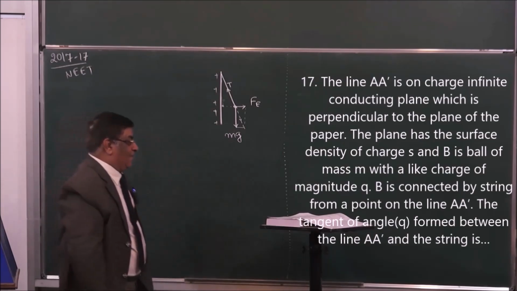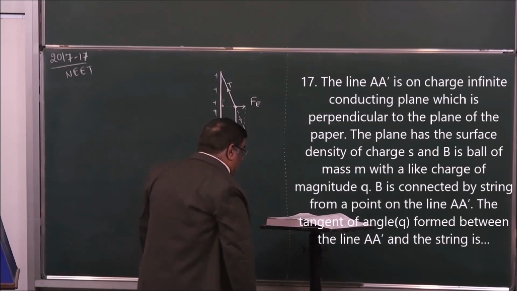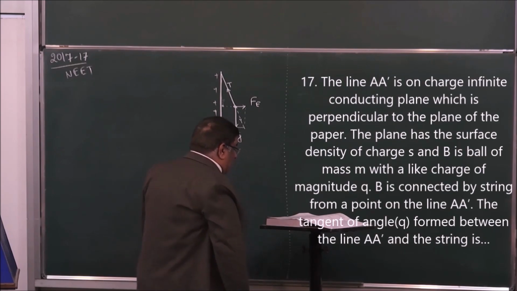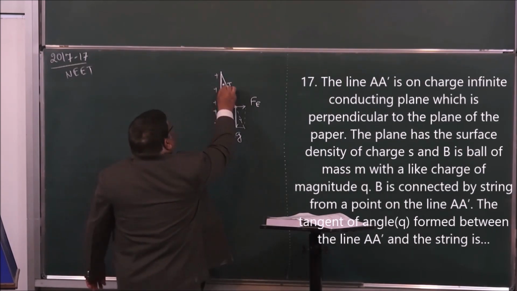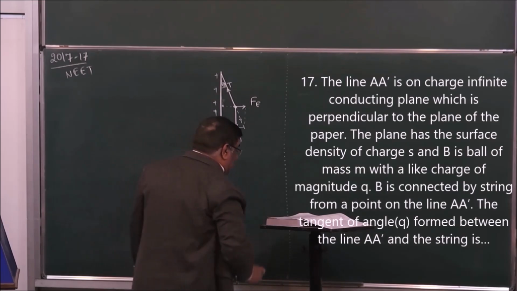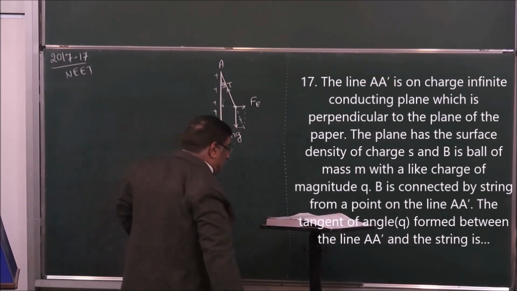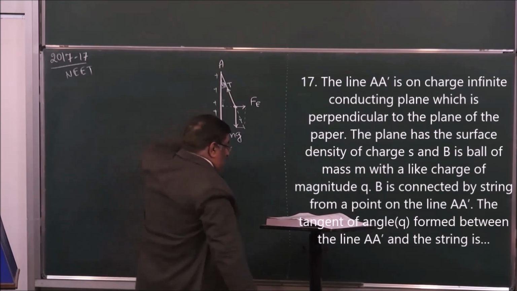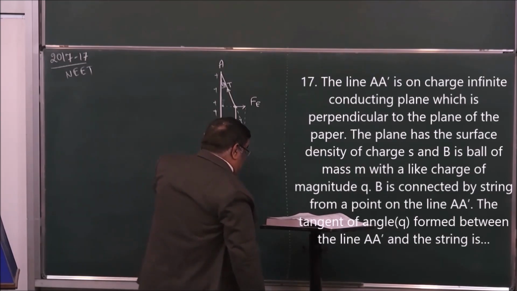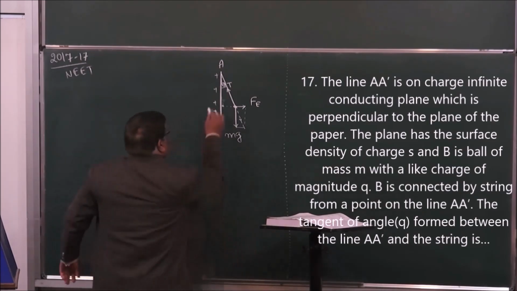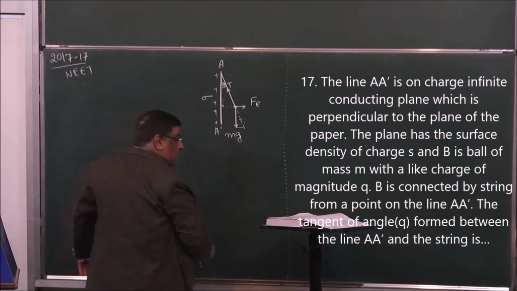This is the situation. They are asking us what is this angle theta? And what are the given quantities? The sheet AA dash is a surface kept in a perpendicular direction. This has a surface charge density sigma.